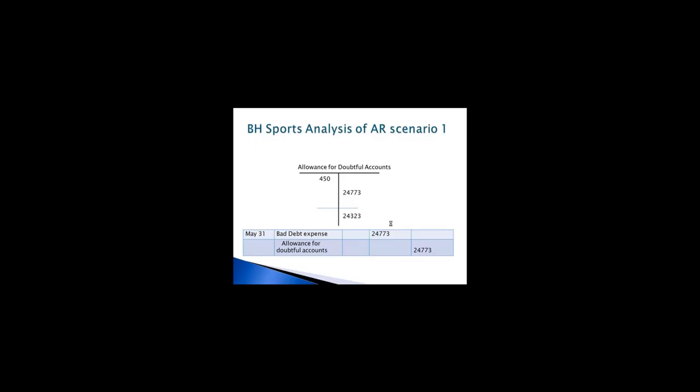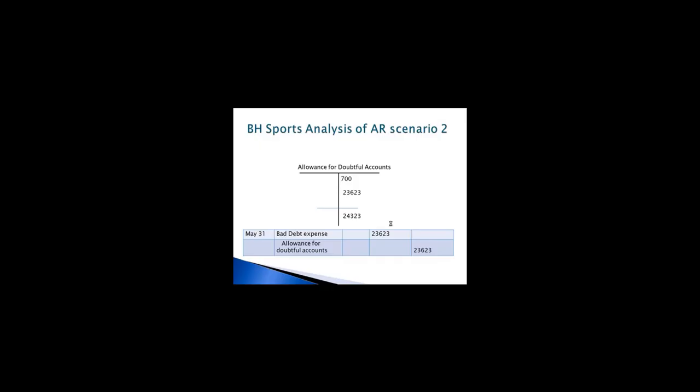Now, on the other hand, if our allowance for doubtful accounts had a credit balance of $700, which means we wrote off $700 less this past accounting period than we anticipated we would have to, we would need an adjusting entry to make our ending balance in the allowance for doubtful accounts again our desired balance of $24,323. In order to get there, our adjusting entry amount would be $23,623.